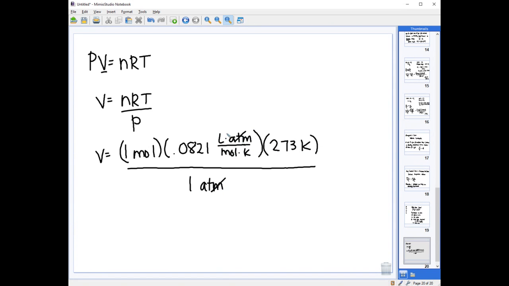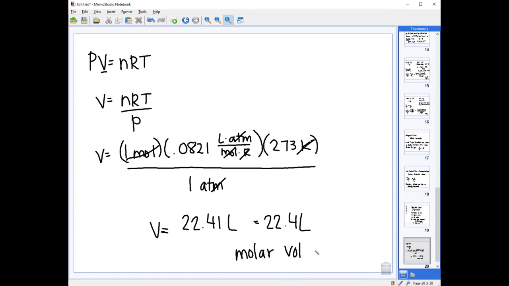We can cancel those. We're left with liter, and when we do the math, we get 22.41 liters, or thereabouts. We typically go to 22.4 to make it a little bit easier. That is referred to as the molar volume of a gas.